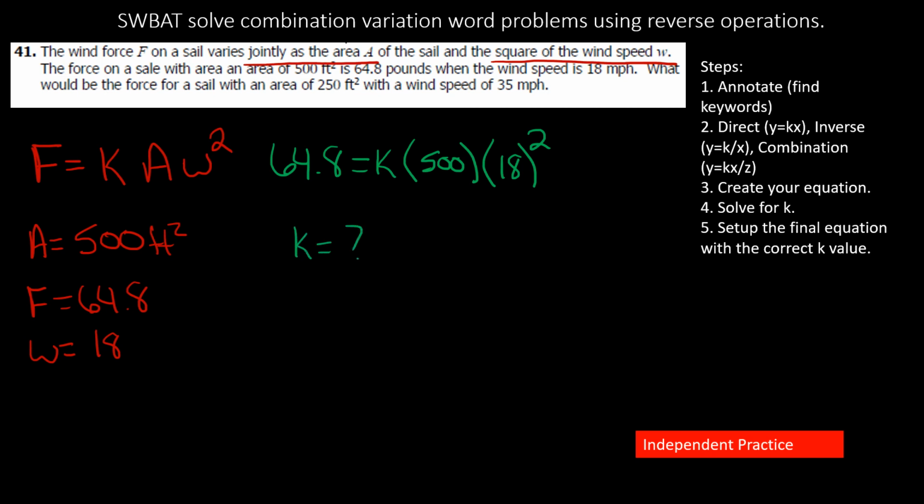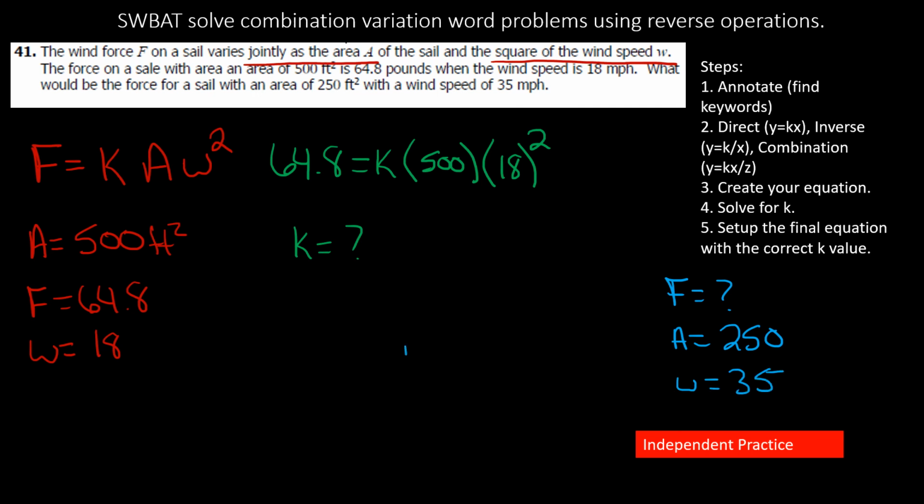Okay? Once you have your K, you're going to want to rework this equation with the new parameters that they're given. Okay, they want to know what the force is when the area is 250 and the wind speed is 35.